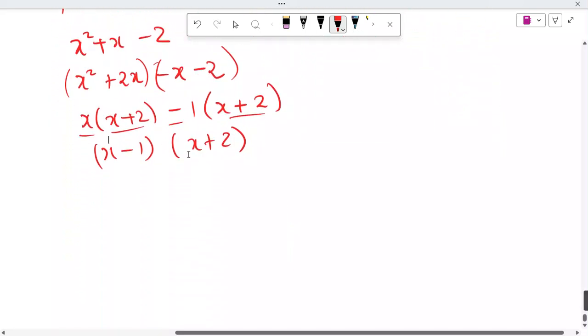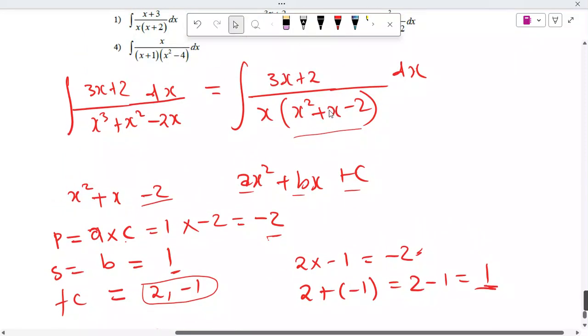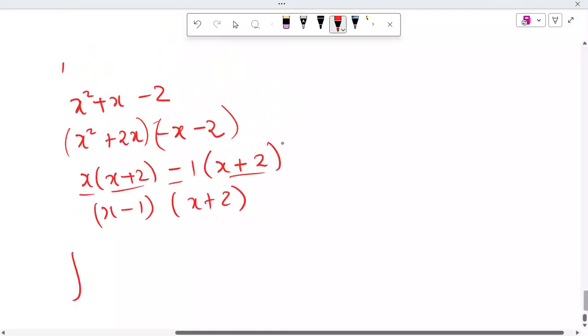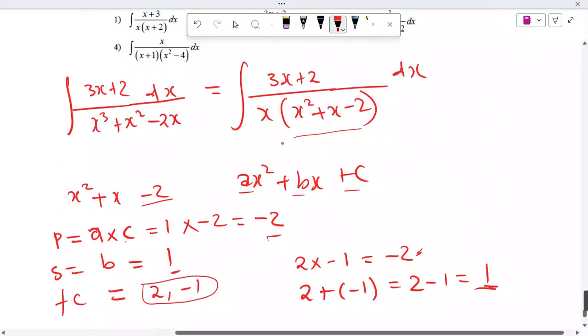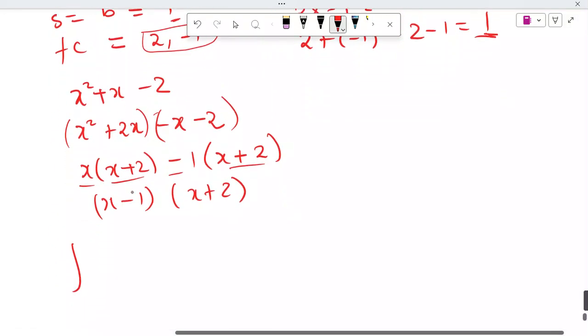When you reach here, you need to make sure what is inside is balancing. Okay, so this is your equations. So now we'll substitute here, we'll write those two equations. So we'll say 3x plus 2 over x.